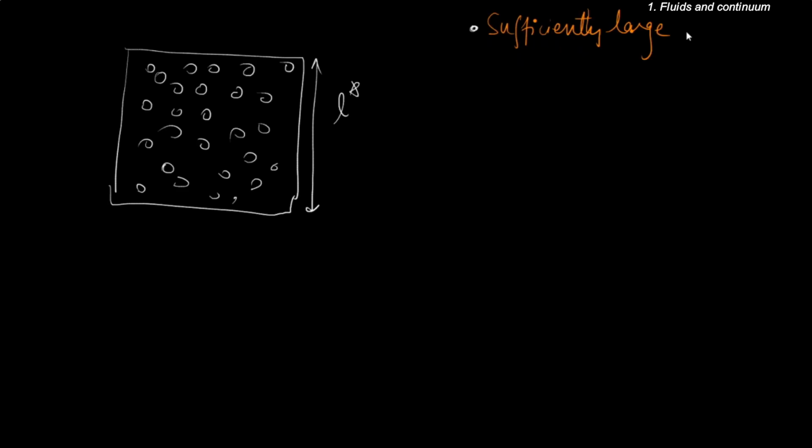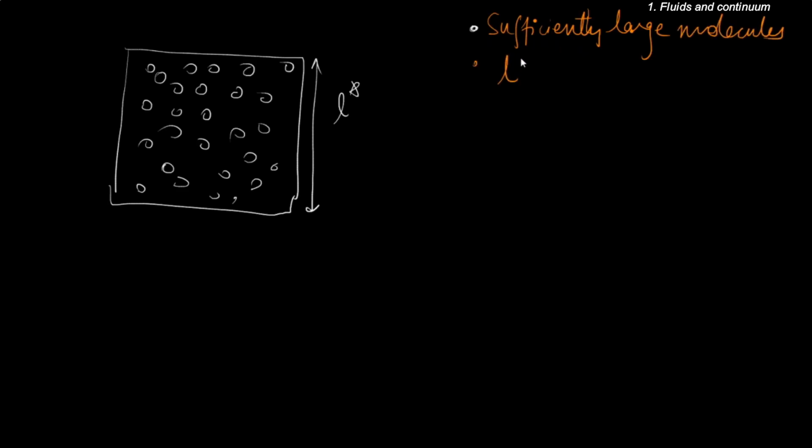I must choose the interrogation window such that it has a sufficiently large number of molecules. So the length scale is L star. So the volume must have a sufficiently large number of molecules.